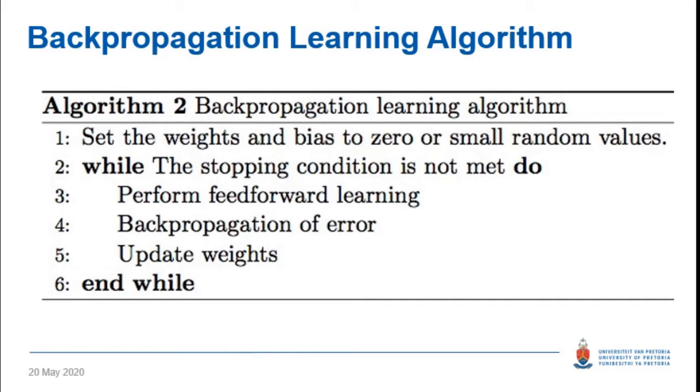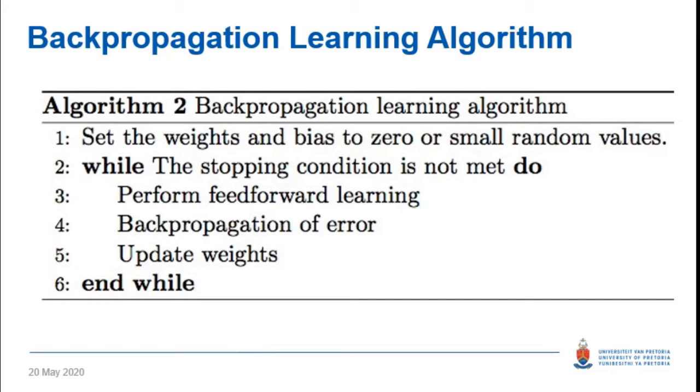The three processes that make up the algorithm are, again, the feed-forward learning. That's basically the training process which we spoke about in the perceptron learning algorithm yesterday. So it's determining the weights and the bias. And remember, we calculate a value of n and apply the activation function to that. Then the backpropagation of the error.